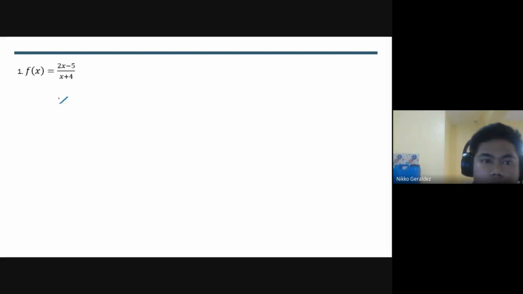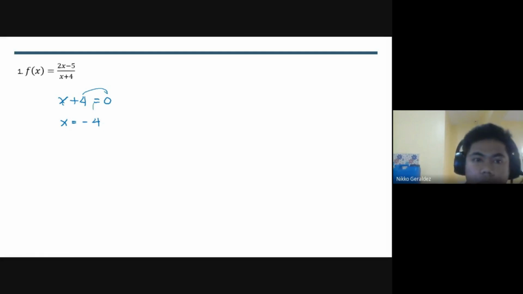So x plus 4 equal to 0. Then step 2, solve the equation. Solve for the value of x. So transpose natin si 4 sa right side. So x equal to negative 4.